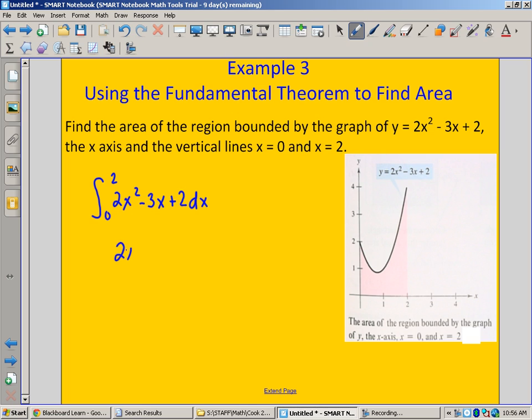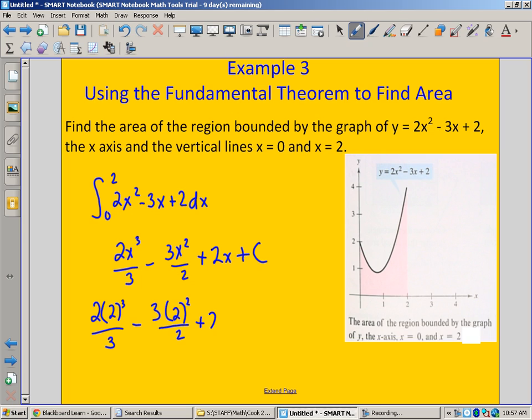over 3 minus 3x squared over 2 plus 2x. I'm supposed to get a plus c on here, and that constant gets added and subtracted, so I'm going to add it on just because we hadn't really talked about it, but watch what happens. When I plug in 2, I get 2 times 2 cubed over 3 minus 3 times 2 squared over 2 plus 2 times 2 plus c.